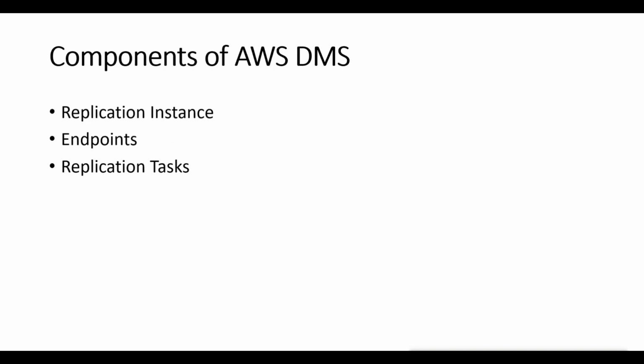So what are the components of AWS DMS? As I told earlier, the replication instance, which is nothing but an EC2 instance running behind. Endpoints, which are the source and target endpoints. Replication tasks, which are migration tasks.